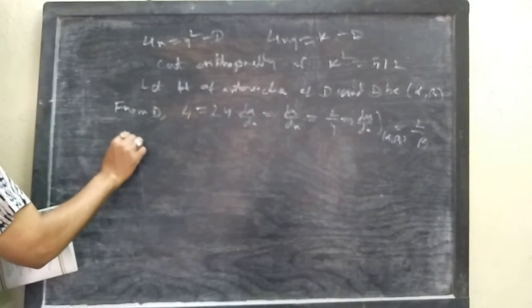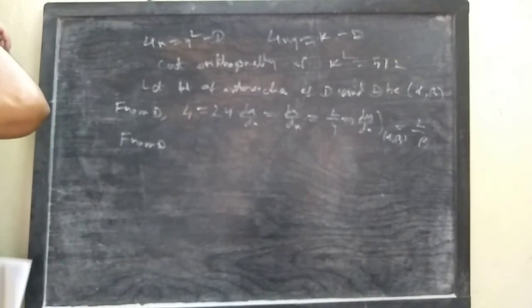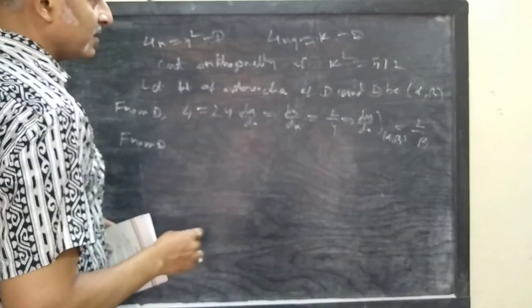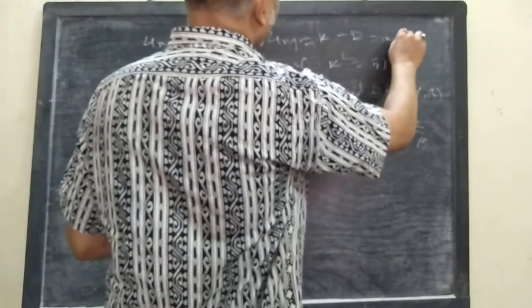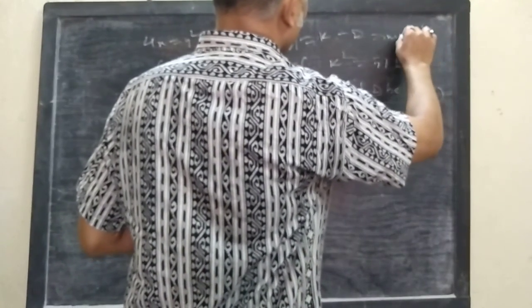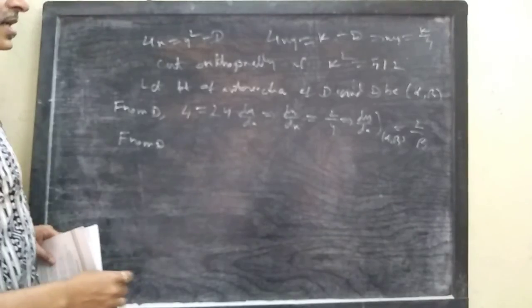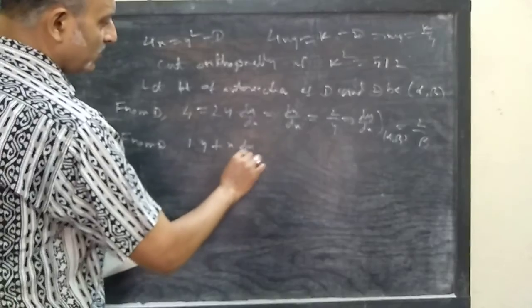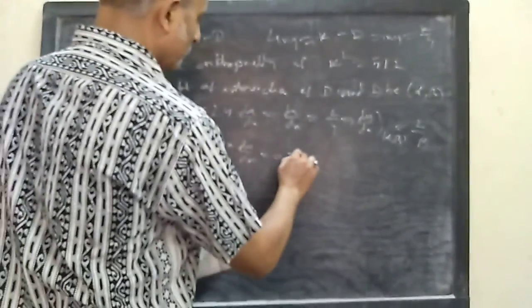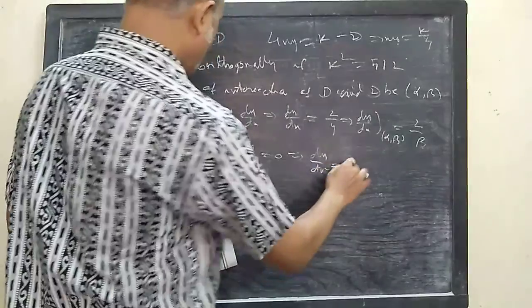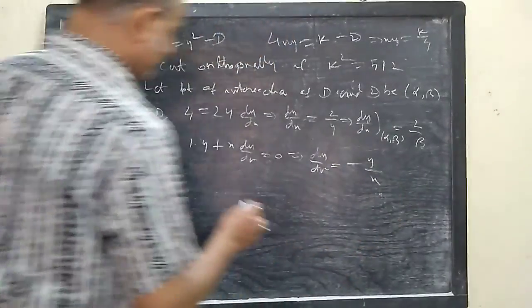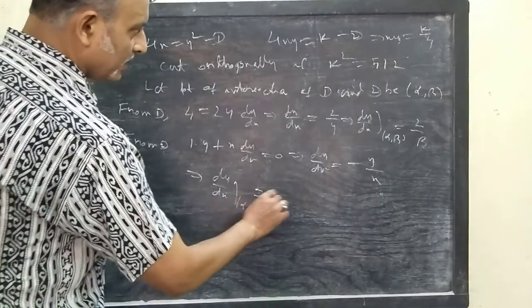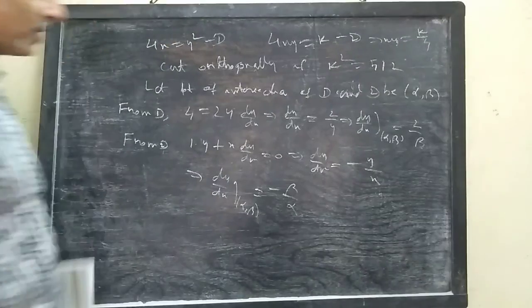Next from 2, differentiating both sides with respect to x, we consider it in the form xy equals k by 4. Differentiating both sides of 2 with respect to x, we get 1 into y plus x into dy/dx equals 0. So from this we get dy/dx equals minus y by x. That gives dy/dx at (alpha, beta) as minus beta by alpha.